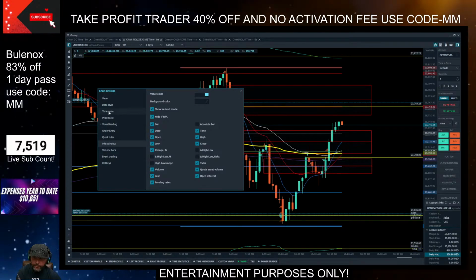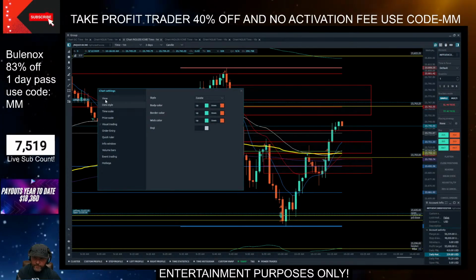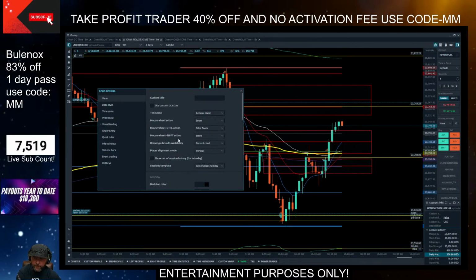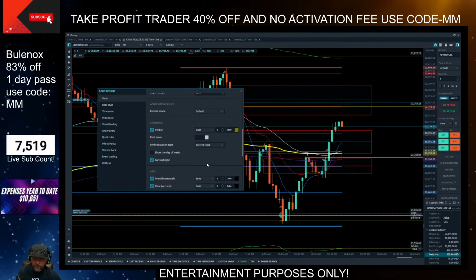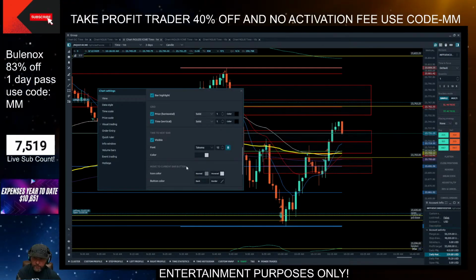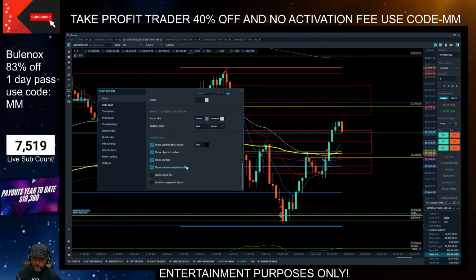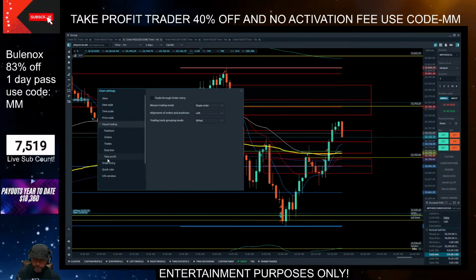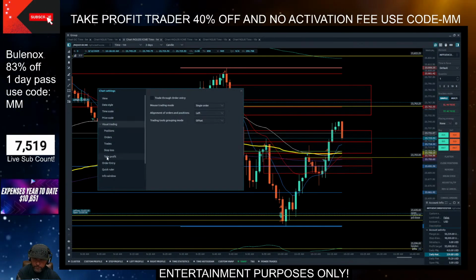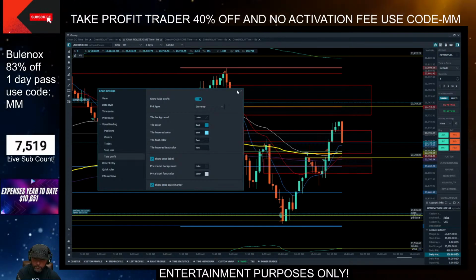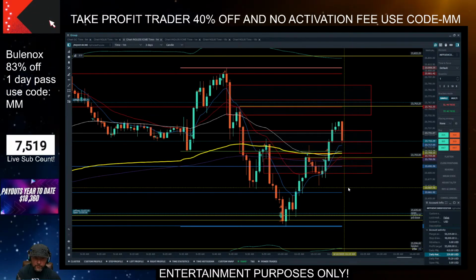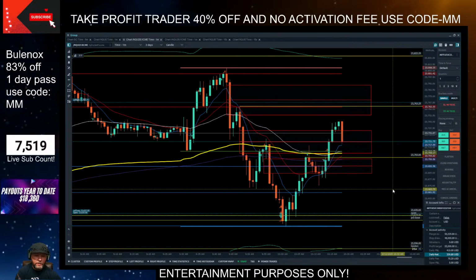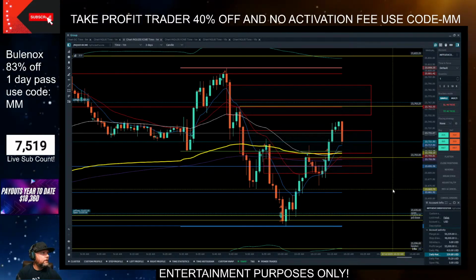Event trading hotkeys. I mean, that should be it, right? Visual trading. Not quite sure. That's strange.